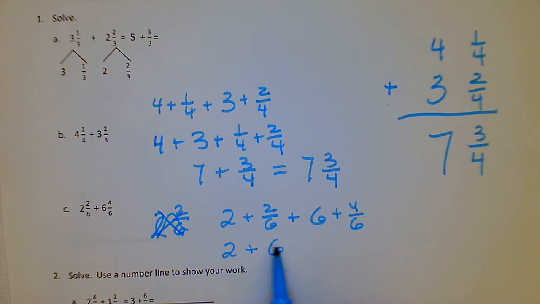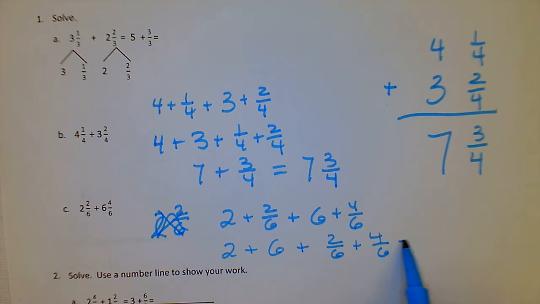So 2 plus 6, I'm putting my whole numbers, or my units, together. And now I'm going to put my sixths together. So I have 2/6 plus 4/6. I'm going to end up with 8 plus 6/6. And I hope that everyone is noticing 6/6 is just equal to 1. So this is really just 8 plus 1, which is 9.